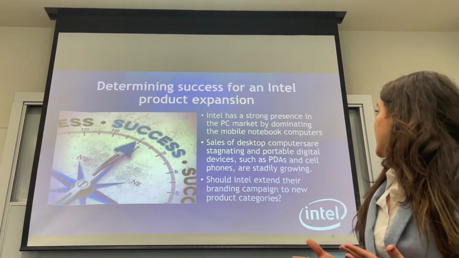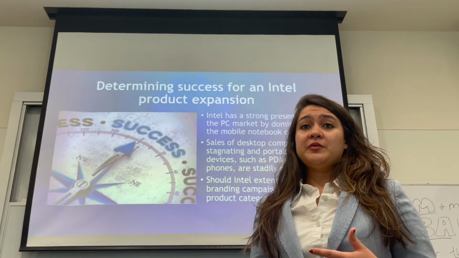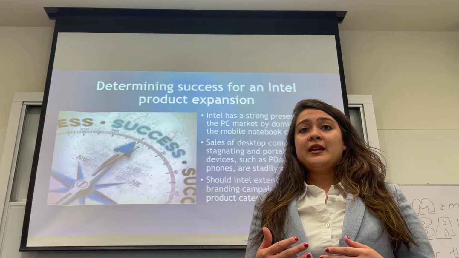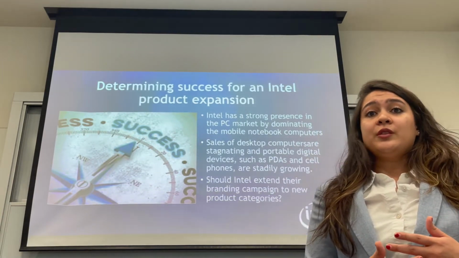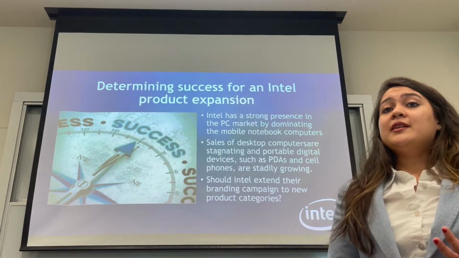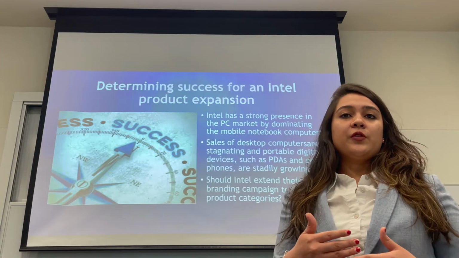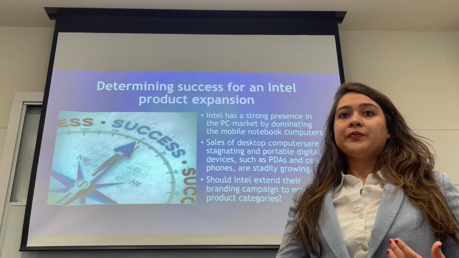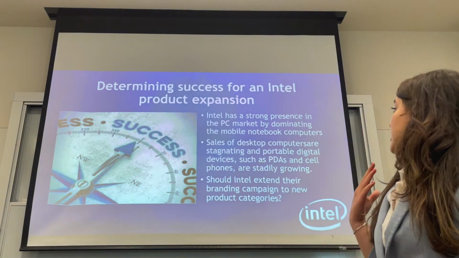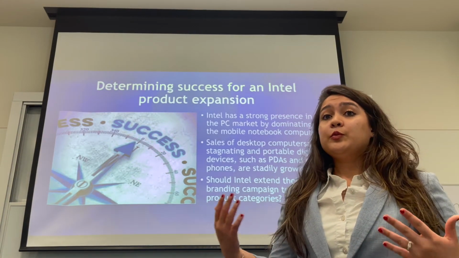But based on the sales and market information that we've received, the PC market is currently stagnating and there is steady growth being seen in mobile technology such as PDAs and cell phones. We also want to evaluate whether or not it's a good time for us to shift into that market as well. So our main problem that we are here to discuss today is, should Intel expand their branding campaign into different products?